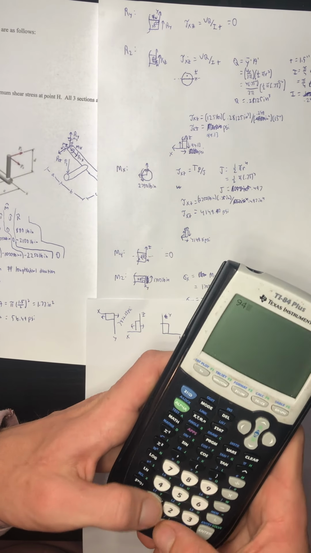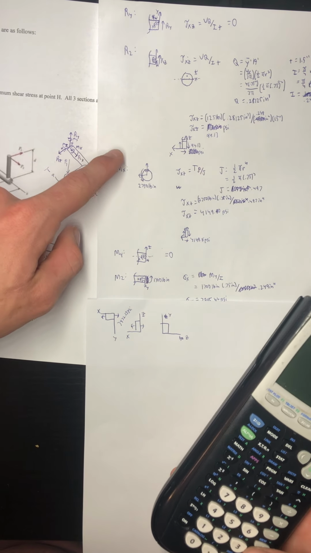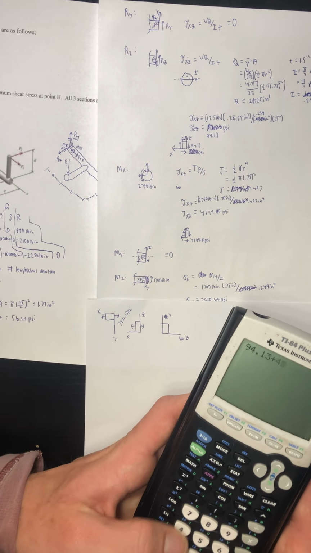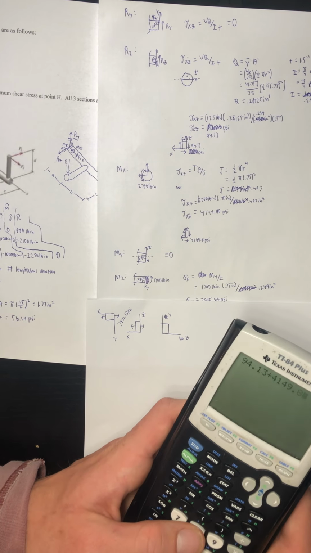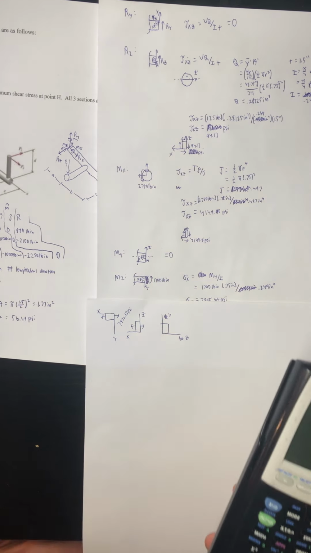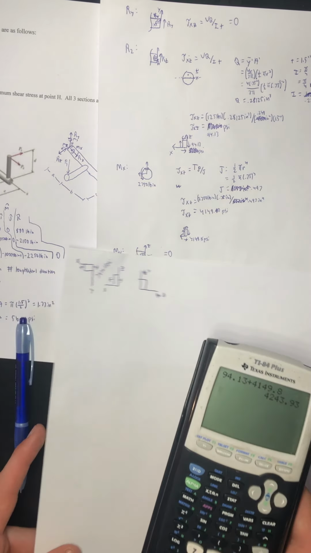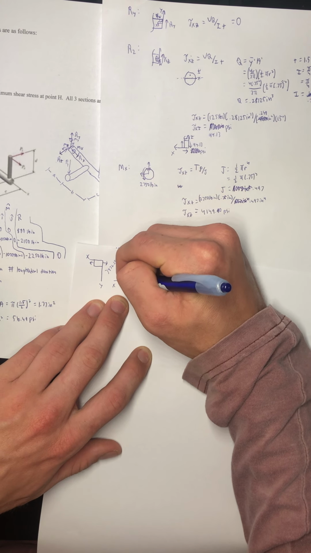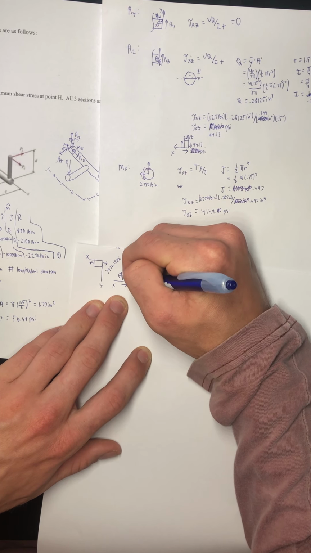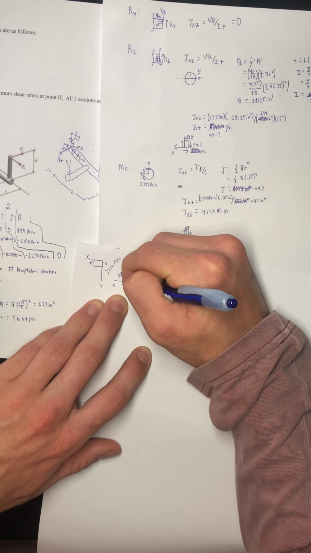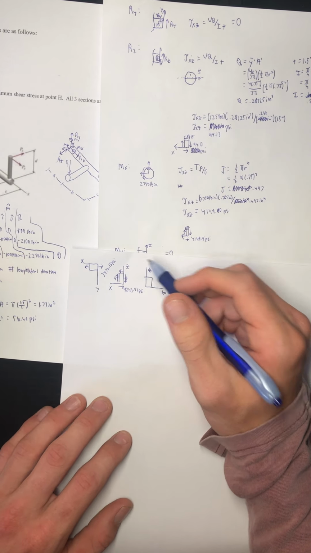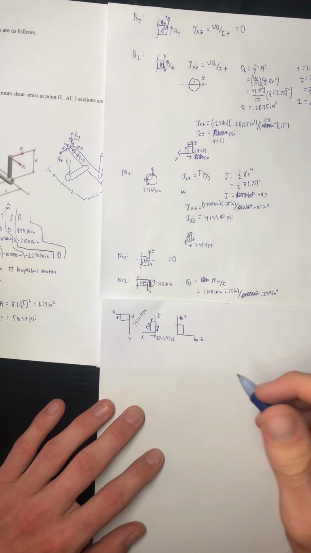We have 94.13 psi coming from our reaction in Z, and we have 4,149.8 psi coming from our torsion, and that'll give us a total of 4,243.93 psi acting in tension, or I'm sorry, acting in shear.